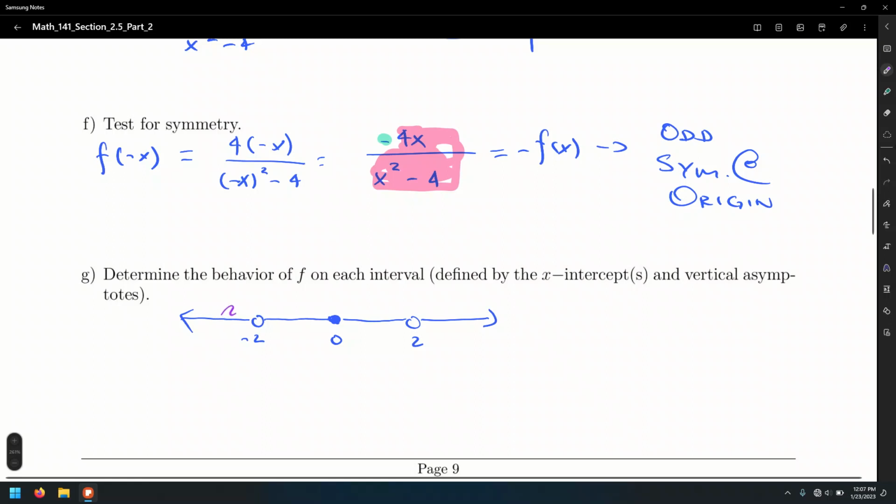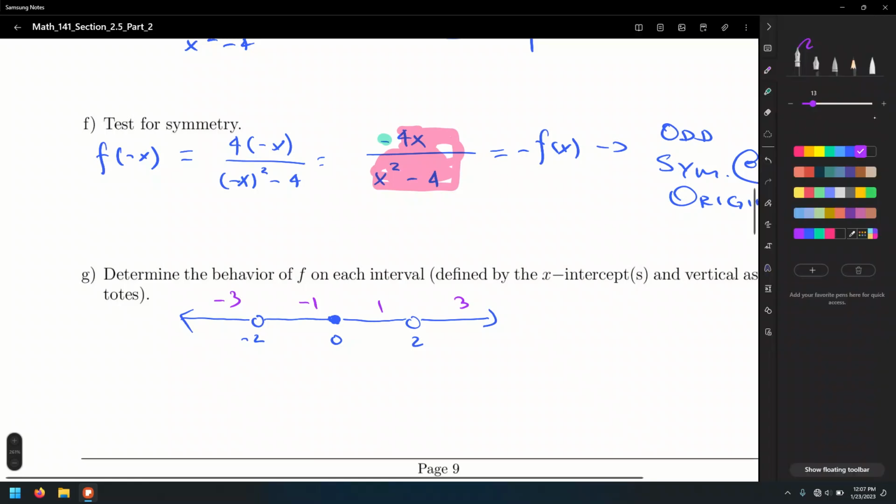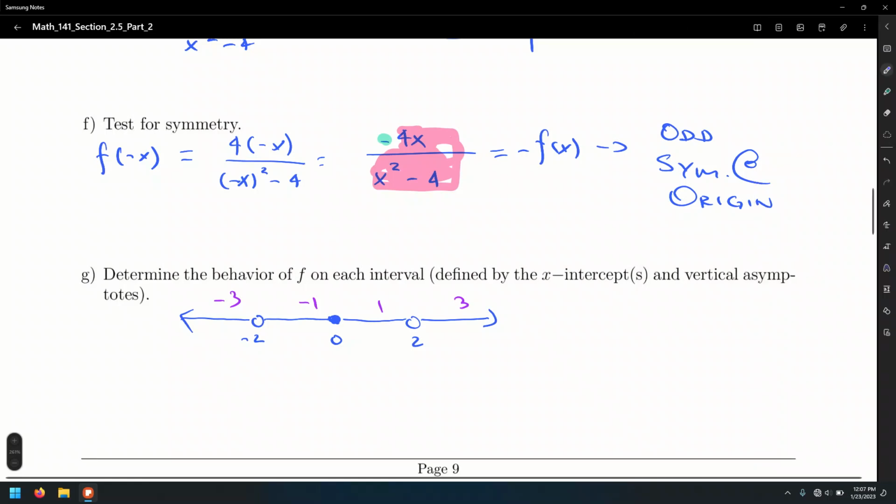I mean, you can choose -50 million if you want, but keep it easy. Keep it to a number closer to it: -3, -1, 1, and 3. All right? Well, let's test these points and plug them in the original function.